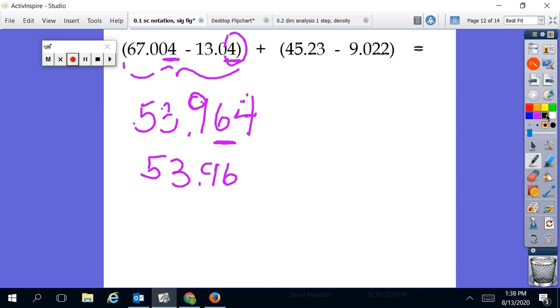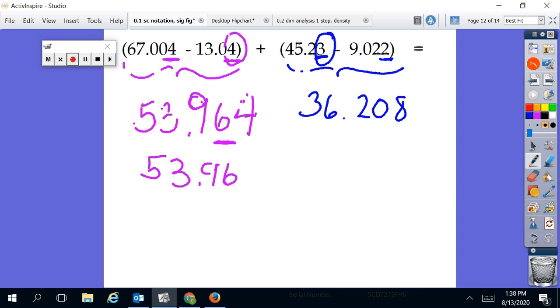Now I'm going to do the second part in blue. I'm going to take my calculator and subtract, and I get 36.208 right from my calculator. Now I have to look at my last accurate digit with respect to that decimal, and it's the hundredths place again.